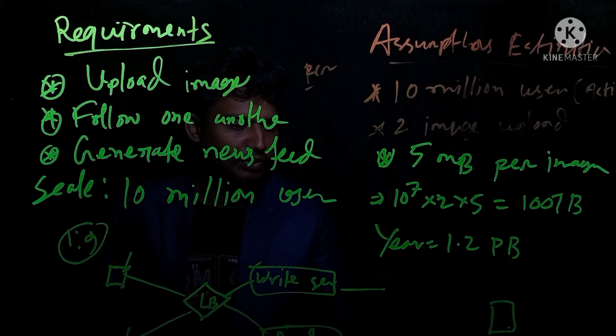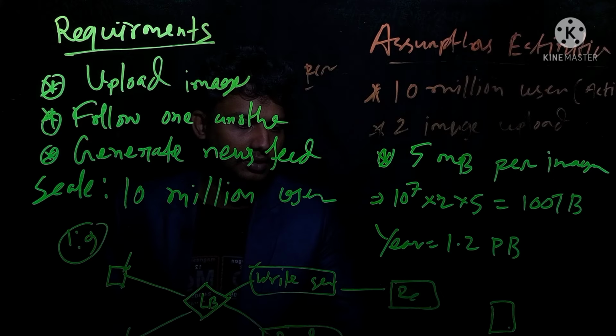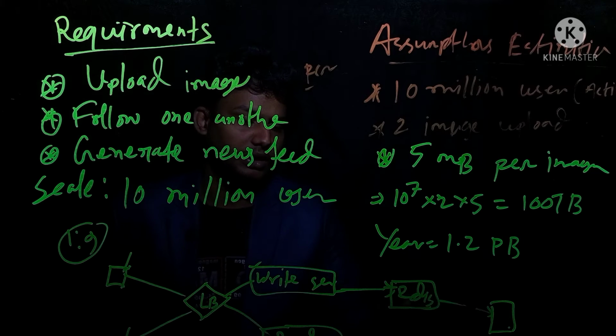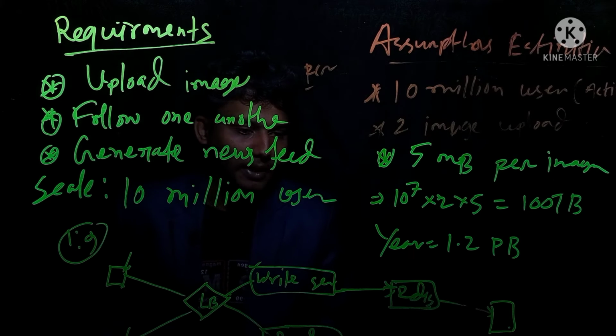For the read path we must use a cache here, Redis, for repeated requests. It will lessen our server load.